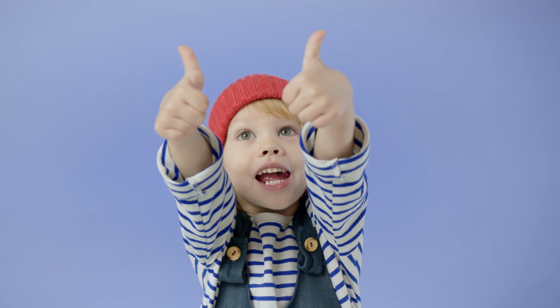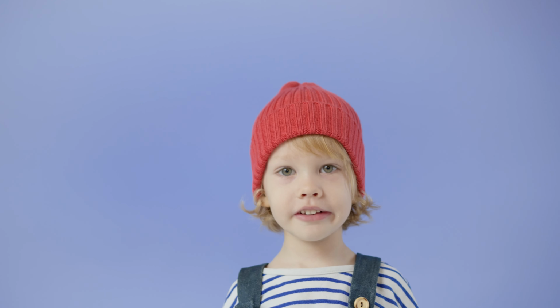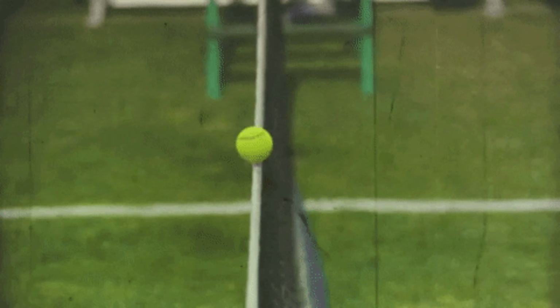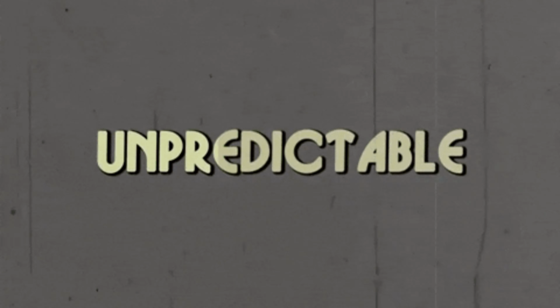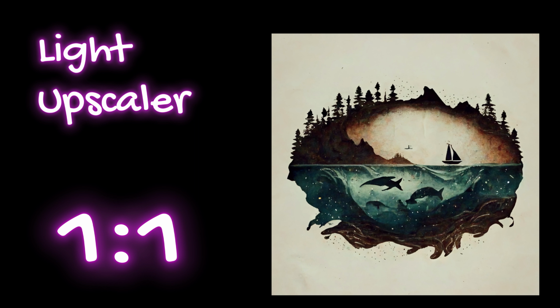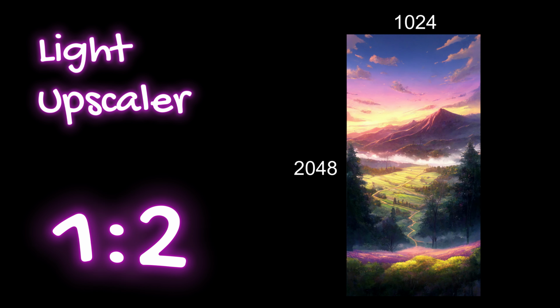I like the normal upscaler the most out of these, but you can increase the size of your image with the other upscalers. They may work nicely on some images, but do some unpredictable things too. For example, the light upscaler can get you to 1536 by 1536 for the square ratio, or to 2048 by 1024 for a maximum width landscape, or 1024 by 2048 for a maximum height portrait.